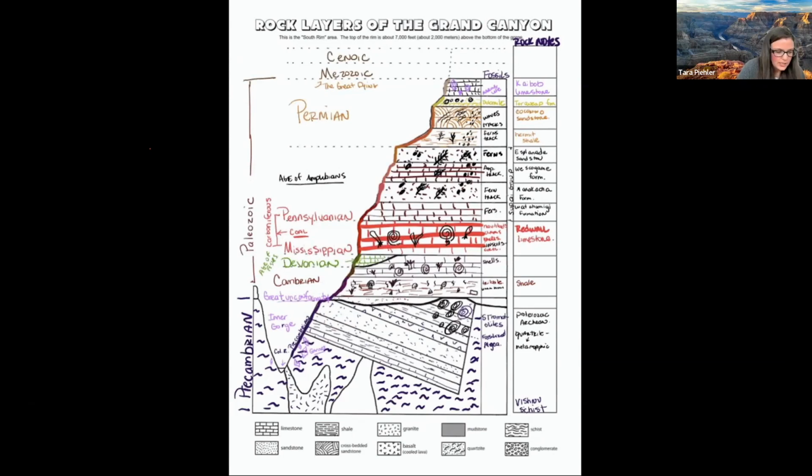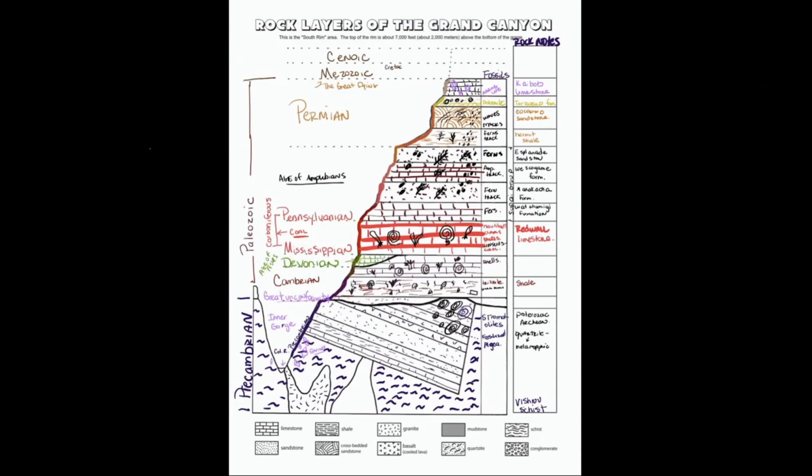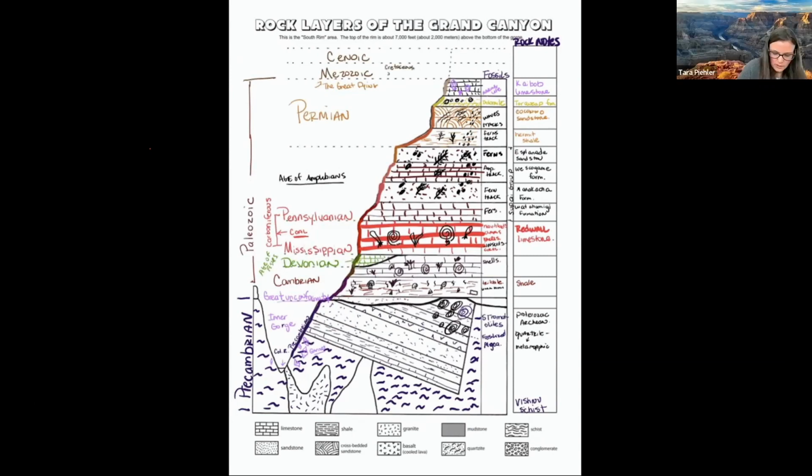This is where we're finding dino layers. Who can name some dinosaur layers here? What periods are the dinosaurs in? Jurassic, Triassic, and Cretaceous. Very good.